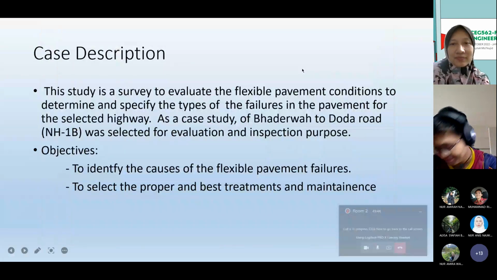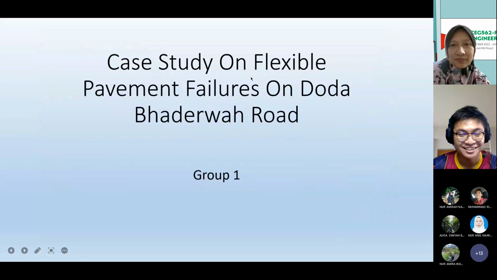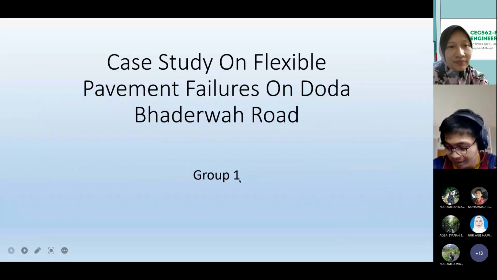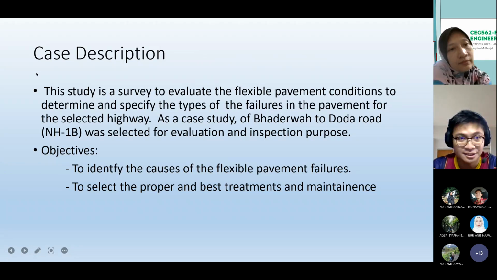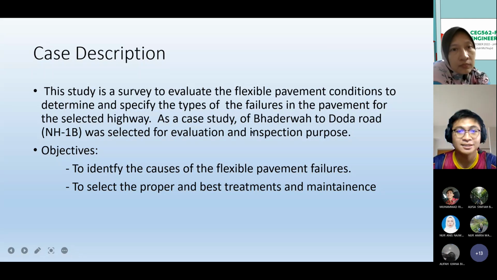Okay. So I'm John Manson. I will be presenting the case study on flexible pavement. The case description for the study is a survey to evaluate the flexible pavement condition, to determine and specify the types of layer in the pavement for the selected highway. The selected highway is the Bhadarwah to Doda Road, which was evaluated and inspected.